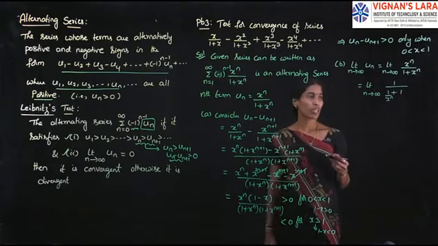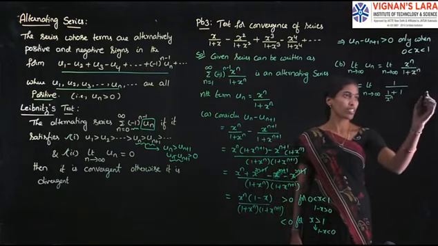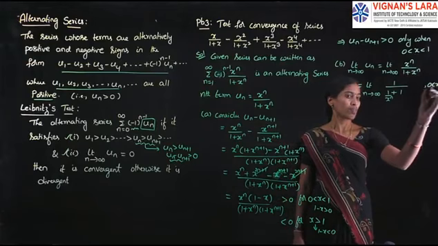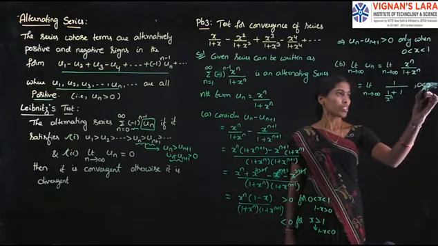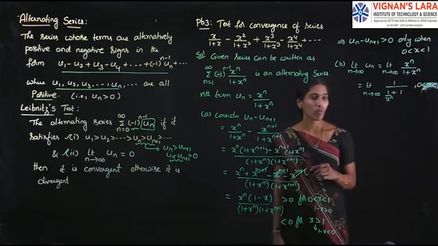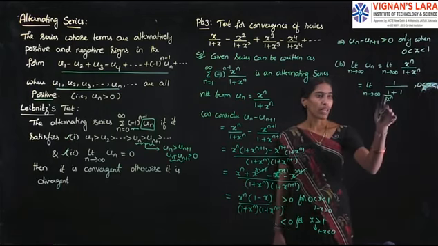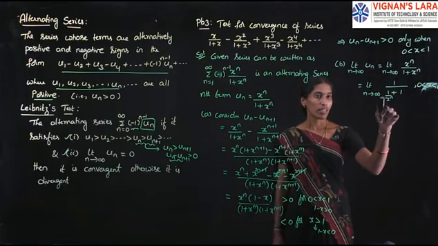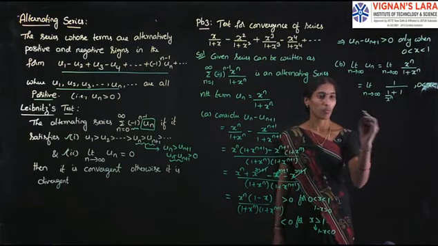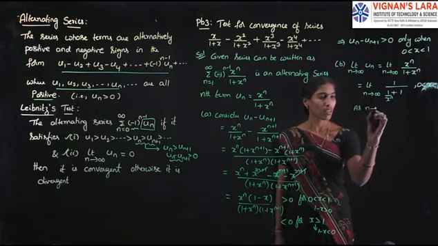As n tends to infinity and the value of x lies in between 0 less than x less than 1, in that case, this x to the power n tends to 0 as n tends to infinity.